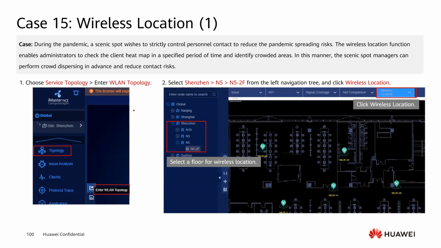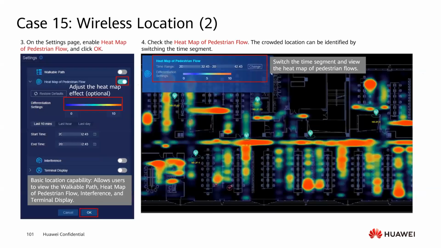And for this function, you also need to enter the service topology and enter the double-line topology. And you need to choose the specific site, choose the specific floor, and you need to click the wireless location. For the wireless location, you can just enable the heat map of pedestrian flow.